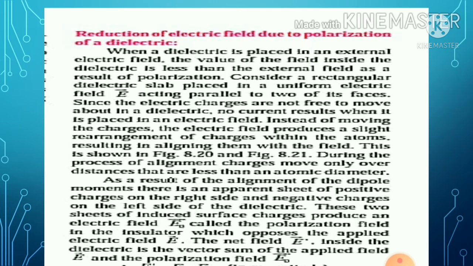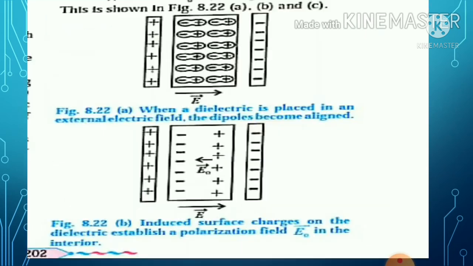These statements arise from the diagram. This is shown in figures 8.22a, b and c, where the above explanations are represented diagrammatically.